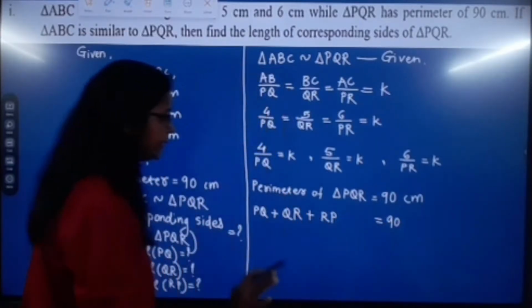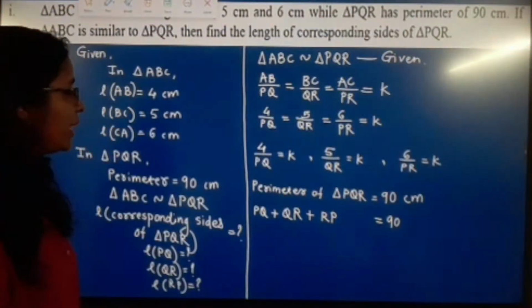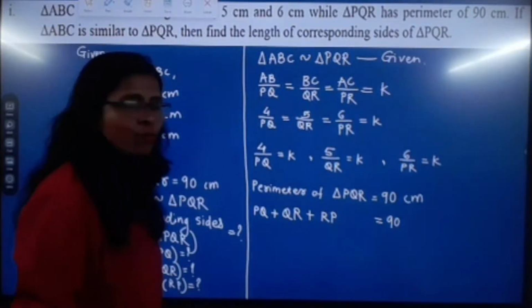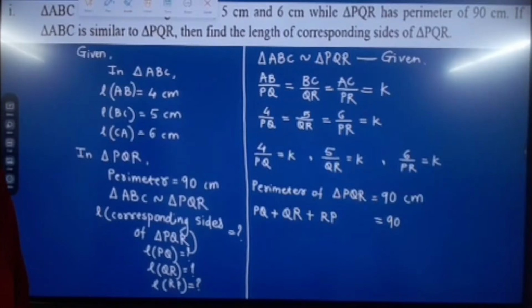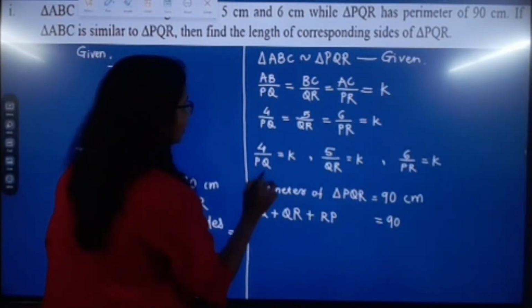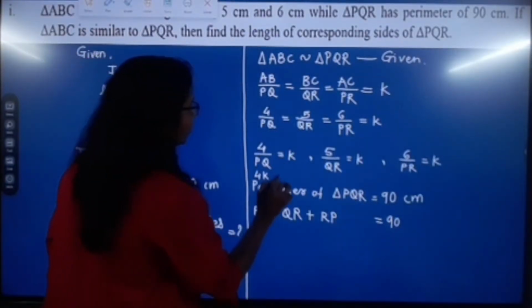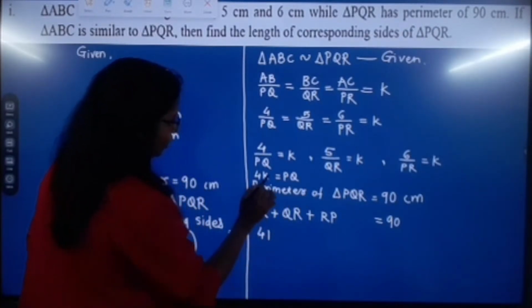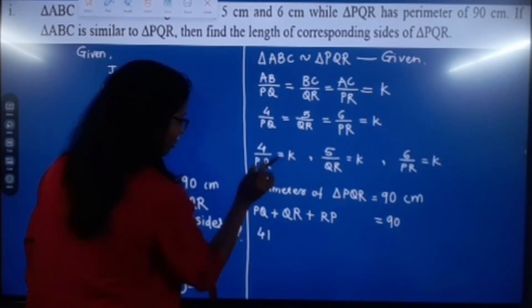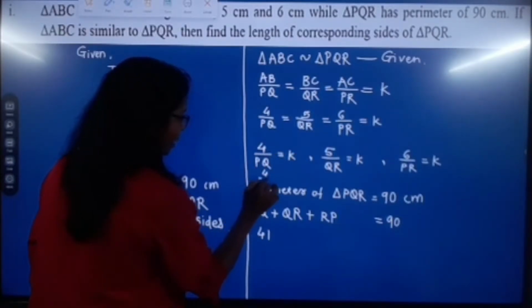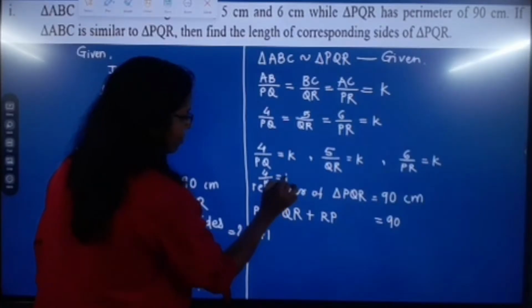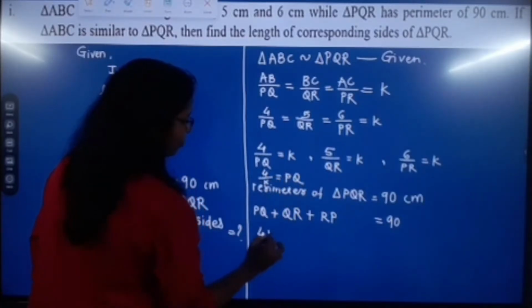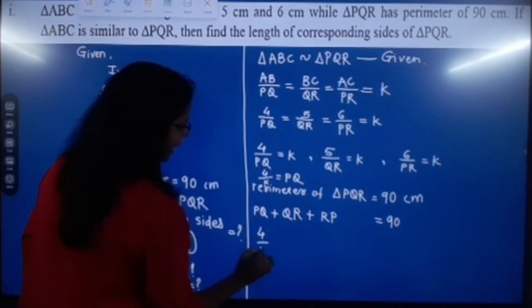So I write down only 90 here. Okay, so now PQ. So here PQ will be, students, from this observation, 4 upon K. Not 4K, 4 upon K is equal to PQ. Okay, so here I write down 4 upon K at the place of PQ.